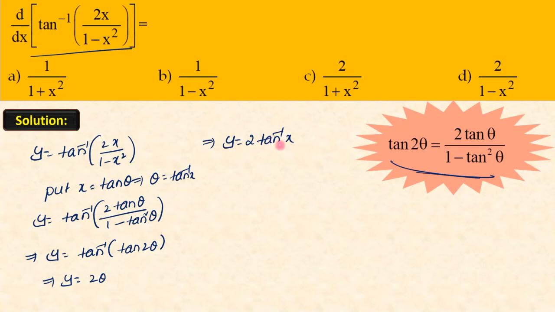Now differentiating with respect to x on both sides, we get dy by dx is equals to, here 2 is constant, into d by dx of tan inverse x.